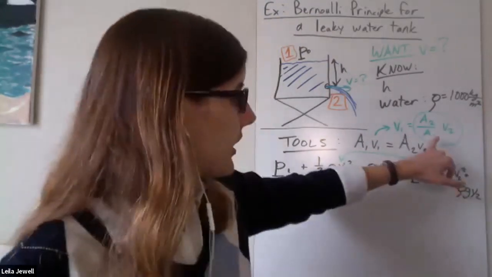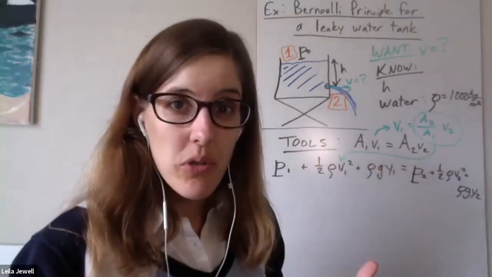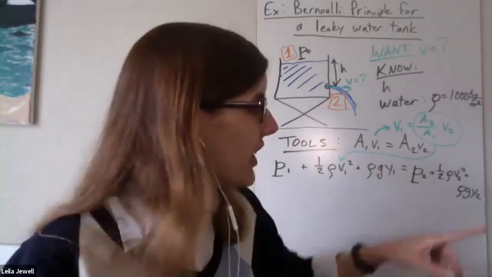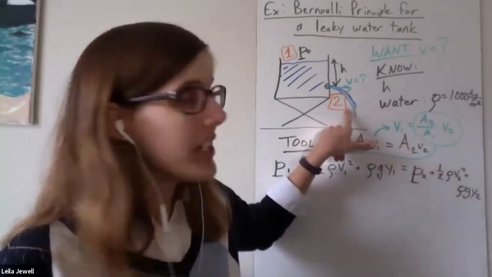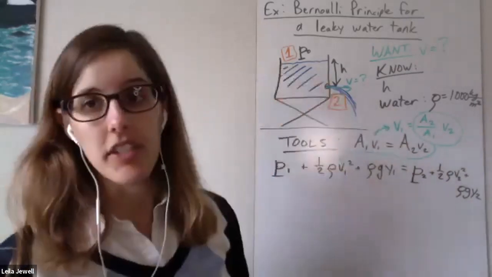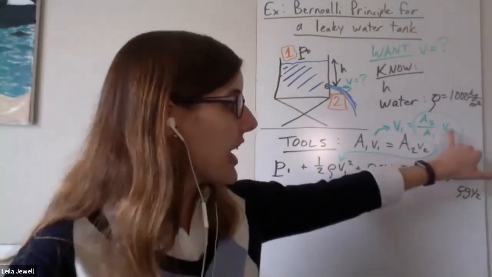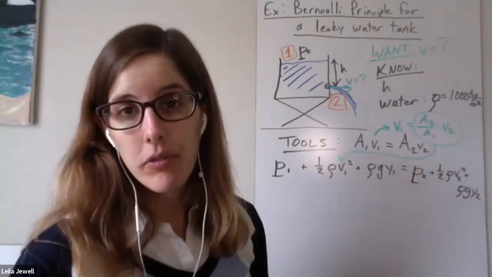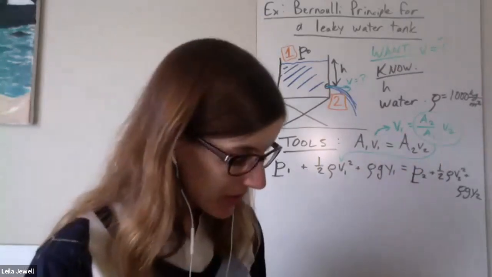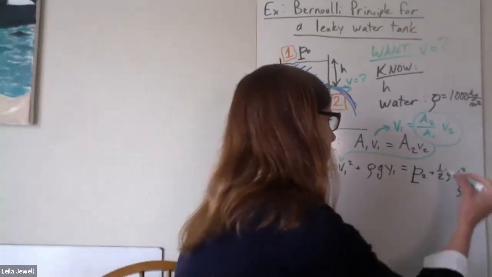Well, when you go to calculate these areas and use the radius squared, you'll find that area 2 is minuscule. The area of the bullet hole is tiny compared to the area of the tank. And as a result, V1 is absolutely tiny compared to V2. And that allows us to make the assumption that V1 is approximately equal to 0.